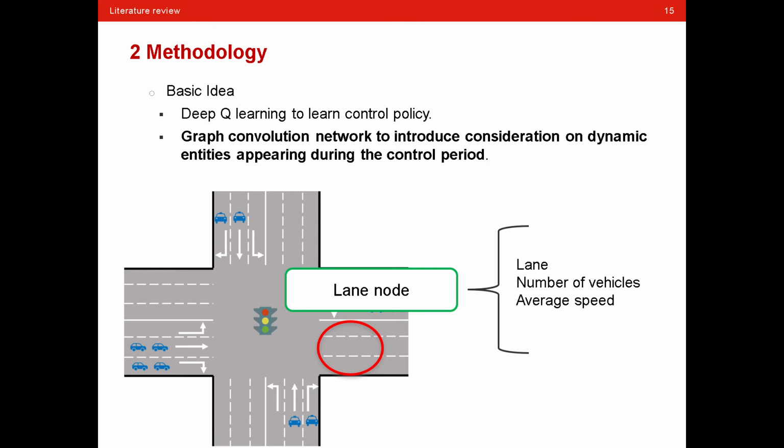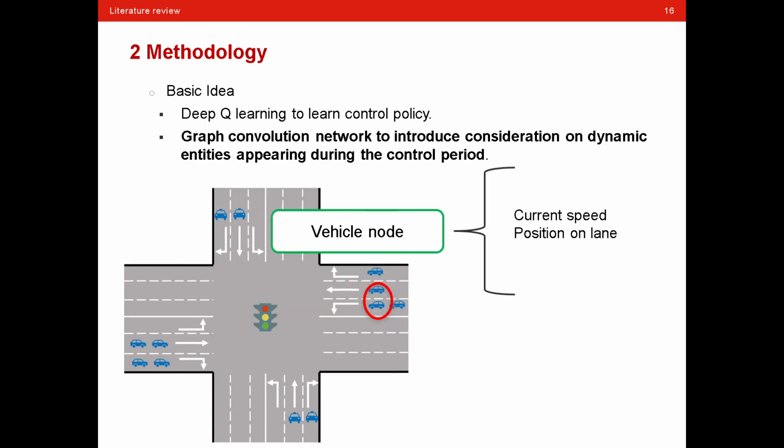It's also a very useful entity. It describes the lane number, the number of vehicles on the link, and the average speed of this lane. And the last type of node is the vehicle node, which is not considered in most past studies.